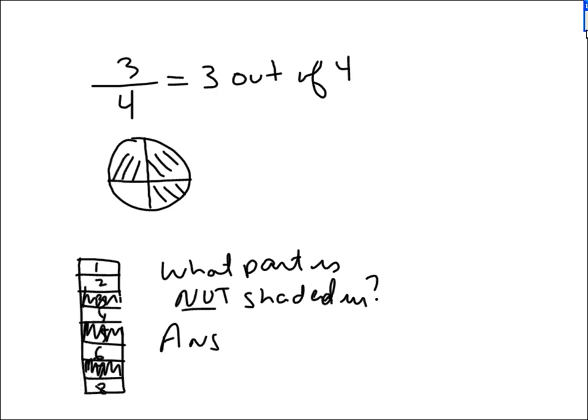Well, the answer is, I know it's out of 8. It's this one, and this one, and this one, and this one, and that one. Those are not shaded in. 5 out of the 8 are not shaded in. So you write 5/8. That's just what it means: 5 out of 8.